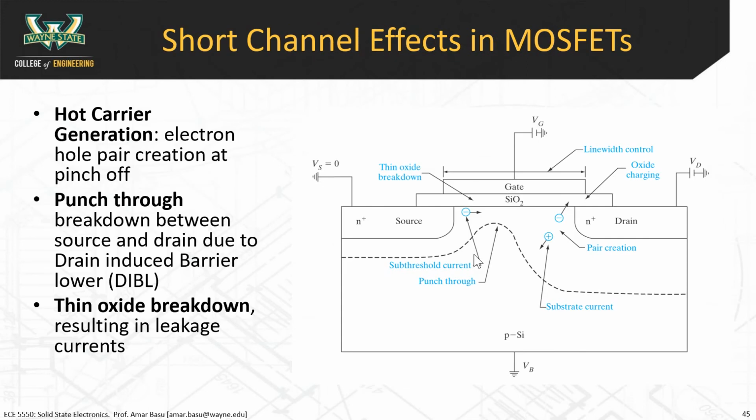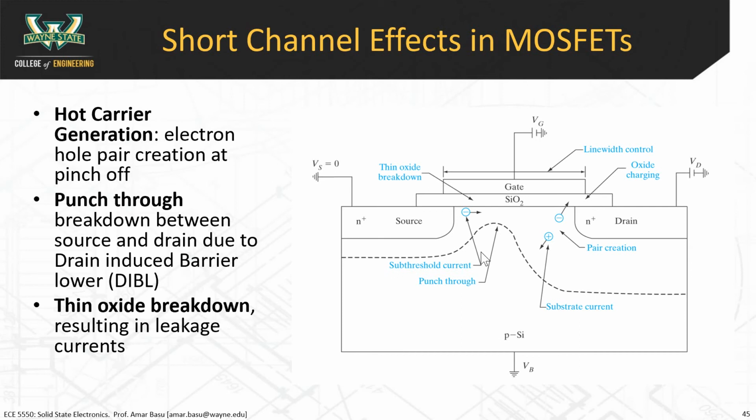So we'll talk about some short channel effects in MOSFETs right now. One example is hot carrier generation. I don't know if this diagram describes it that well, but when you have a transistor in saturation, you know that there's this pinch-off region, right?